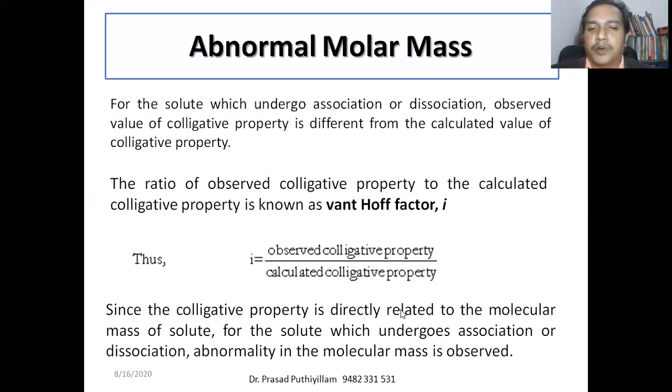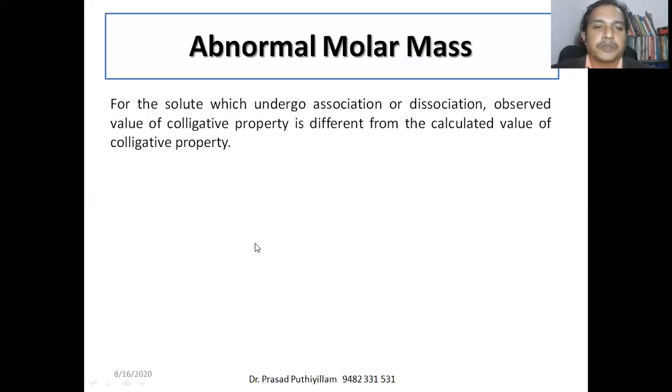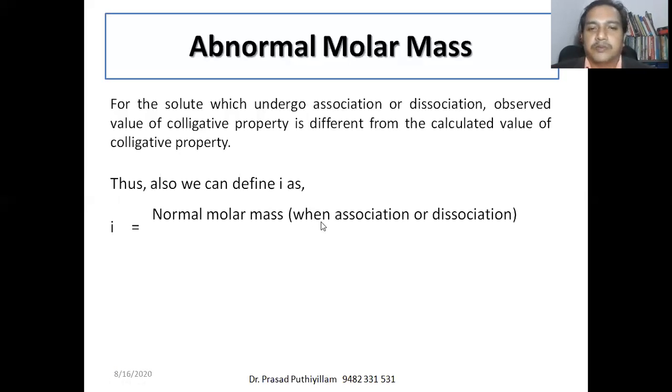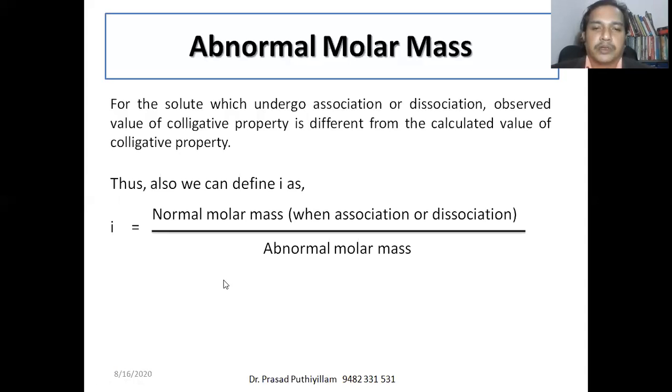Since the colligative property is directly related to the molecular mass of the solute, for a solute which undergoes association or dissociation, abnormality in molar mass is observed, which we call the abnormal molar mass. i can also be defined as i equals normal molar mass, that is when association or dissociation happens, divided by the abnormal molar mass.